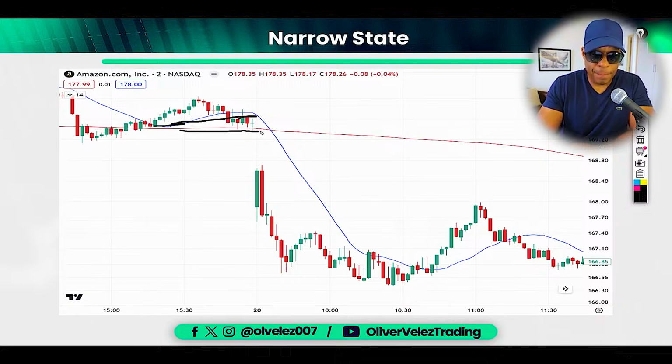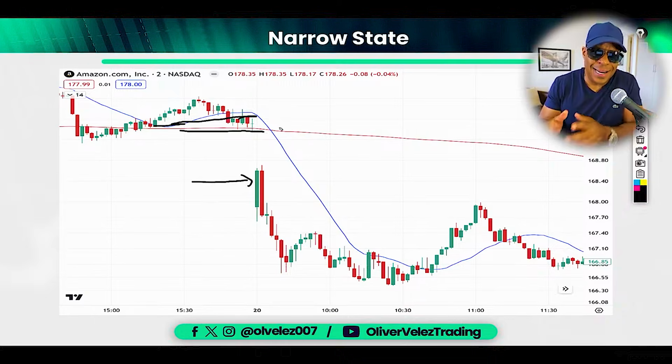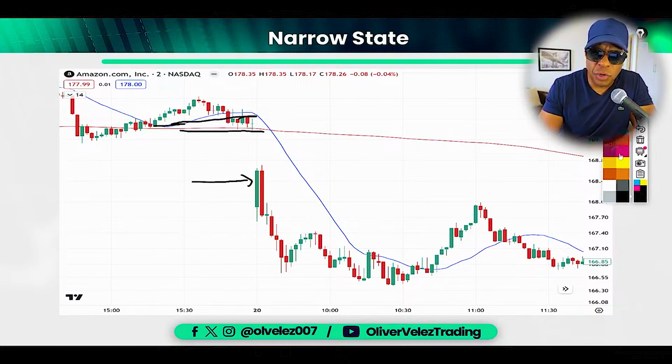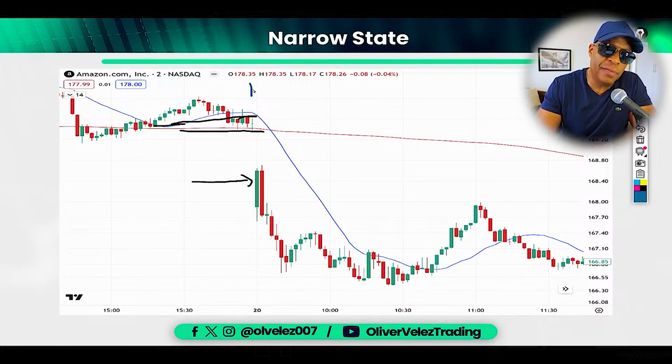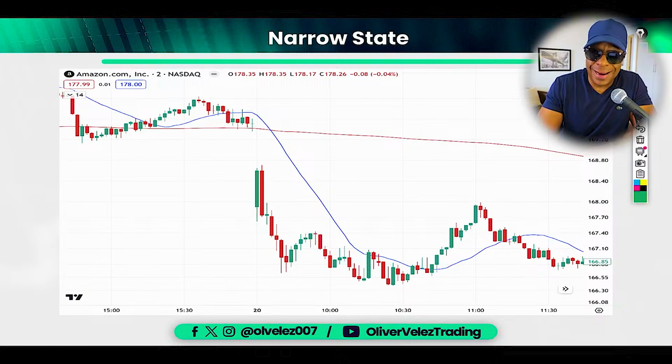Your first bar is green, but that's not the green bar you're interested in buying, is it? No, because the green bar you need is above the narrow state, not below it. So this one doesn't count. This green bar is below the narrow state. Don't get suckered into the power green bars below.